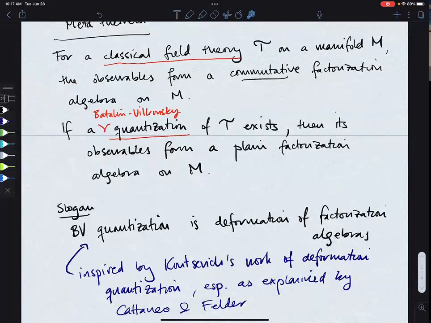And so this is a systematic generalization of their work. You don't just have to do it in the dimensions they're working in, you can do it in other dimensions. If you wanted to study Yang-Mills in 752 dimensions, it would work here if you could quantize it to give you a deformation of factorization algebras there.